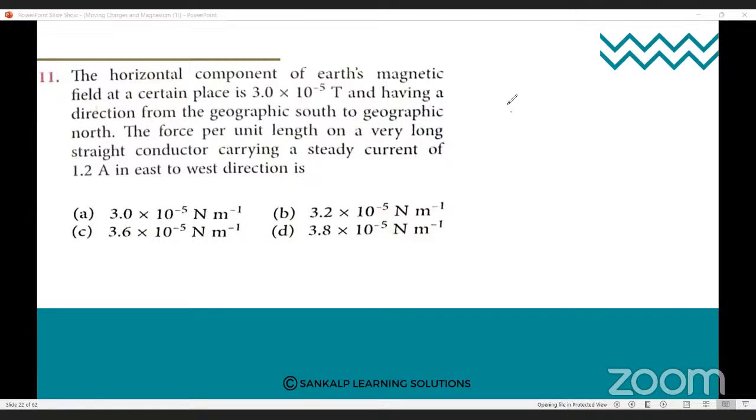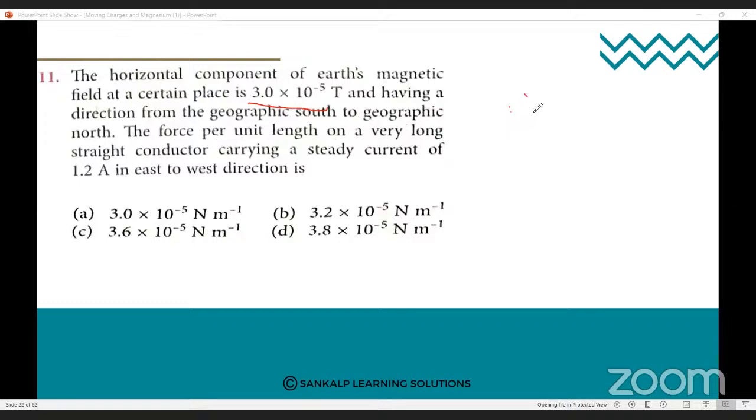See what they are asking. The horizontal component of Earth's magnetic field is given. That is 3 into 10 raised to minus 5 Tesla and having a direction from the geographic south to geographic north.